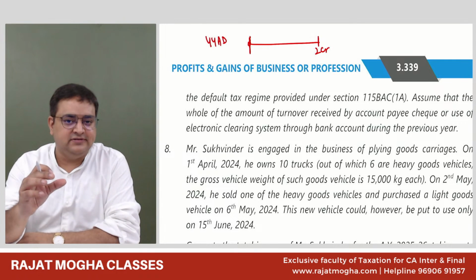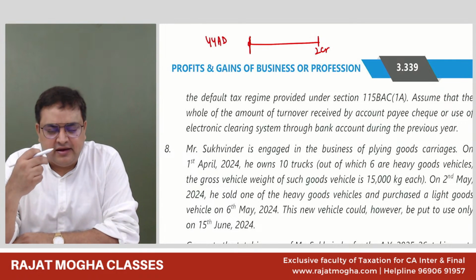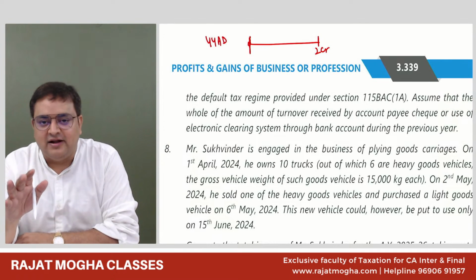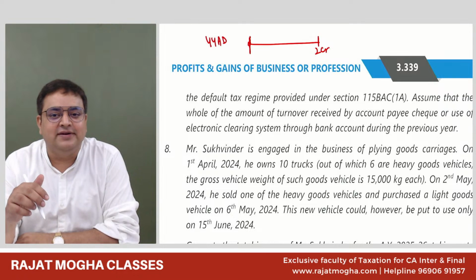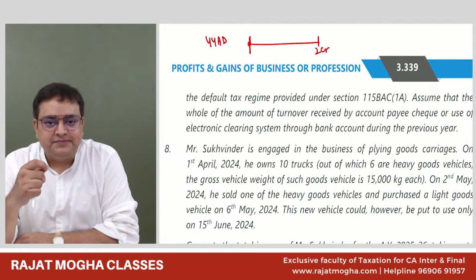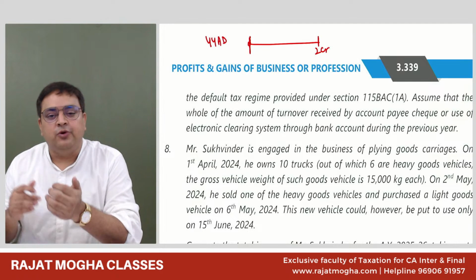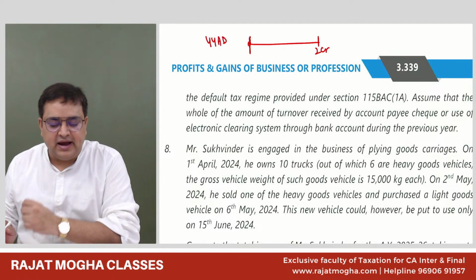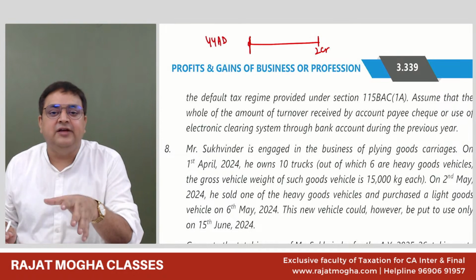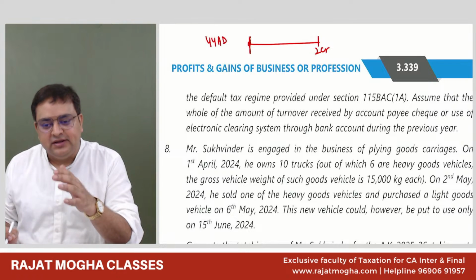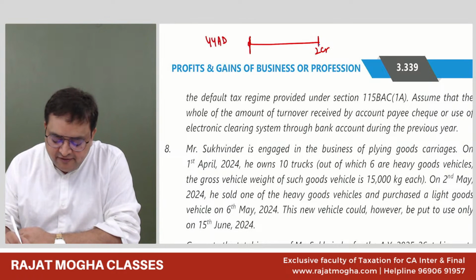But for some assessees who are maintaining transparent accounts, meaning that whatever you receive is mainly through banking mode, maximum 95% through banking mode, then you are eligible even if your turnover goes up till 3 crores. Don't use this word transparent accounts in your examination.